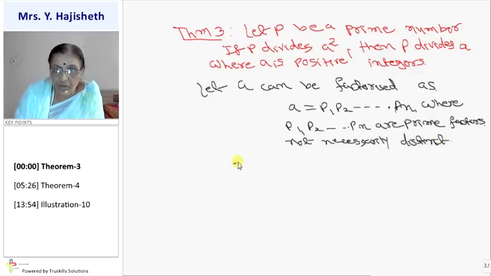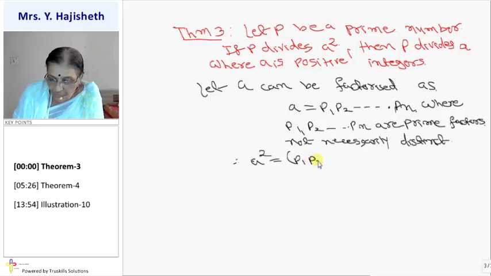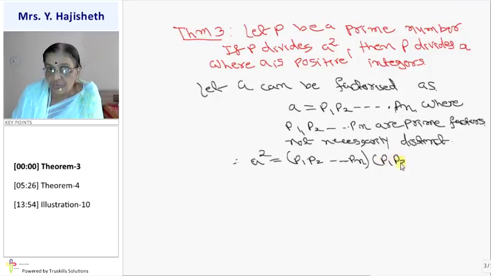Now therefore, how can I write A square? A square is P1 into P2 into ... into Pn, again multiplied by P1 into P2 into ... into Pn. Okay?